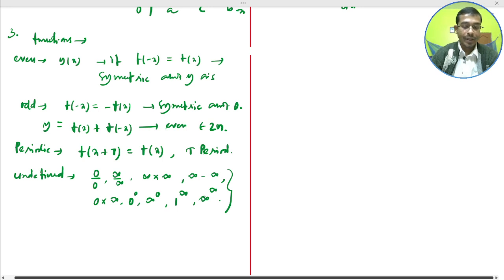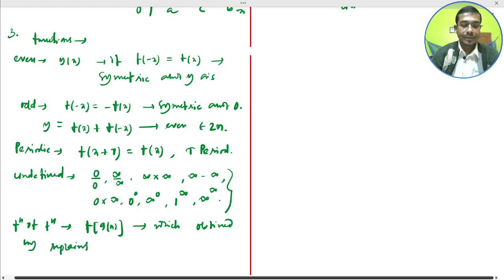And function of a function: f of g of x is obtained by replacing x by g(x) in the function f(x).